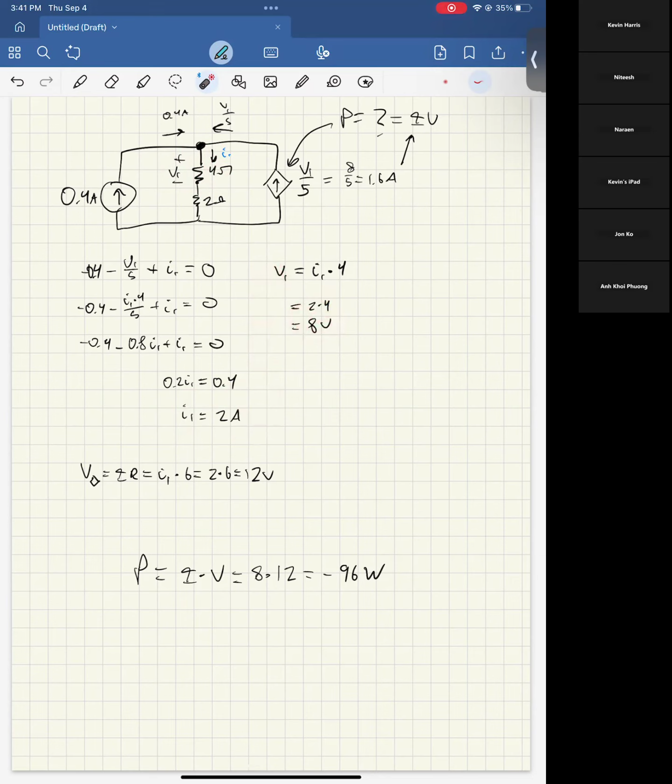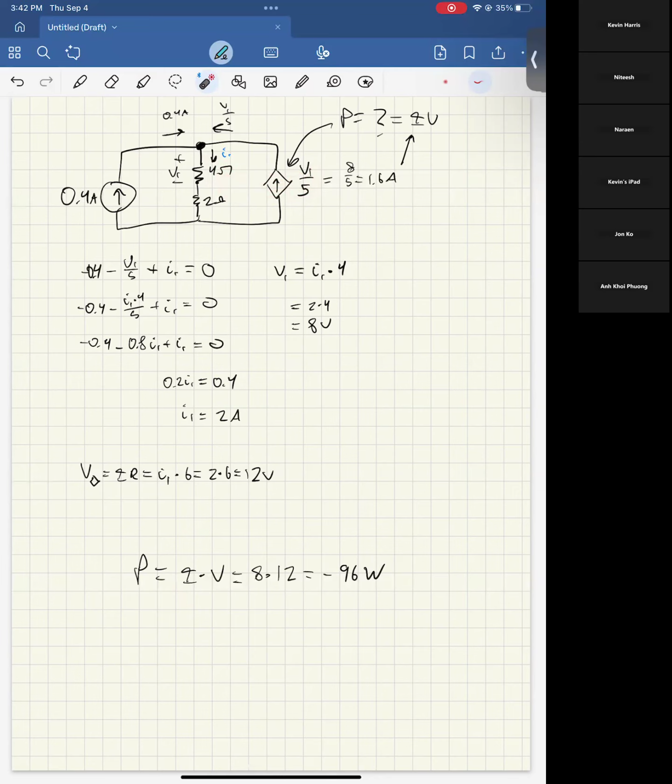And then the current was defined as V1 over 5 for this dependent source, so it's 8 over 5. But the 8 is from I1 here, which we found to be 2 amps. So we have 2 amps flowing in this branch, and then this is a 4 ohm resistor. So 4 ohms times 2 amps gets us 8 volts.